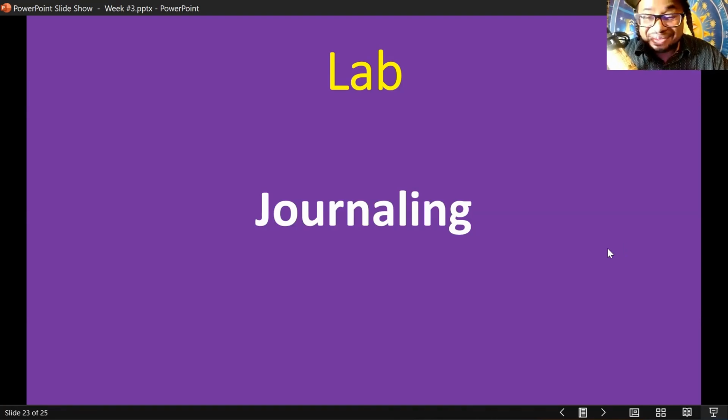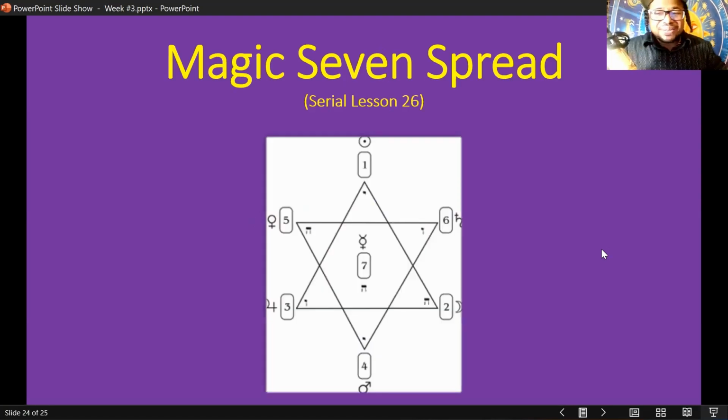I'm just saying. All right, so we already did journaling. Now we are getting ready to do the spreads. And the Magic 7 spread was part of the homework that was given. Of course, when you put the cards out, you will see it in your mind, but it's not going to automatically form these triangles that make up this 6-pointed star right here.